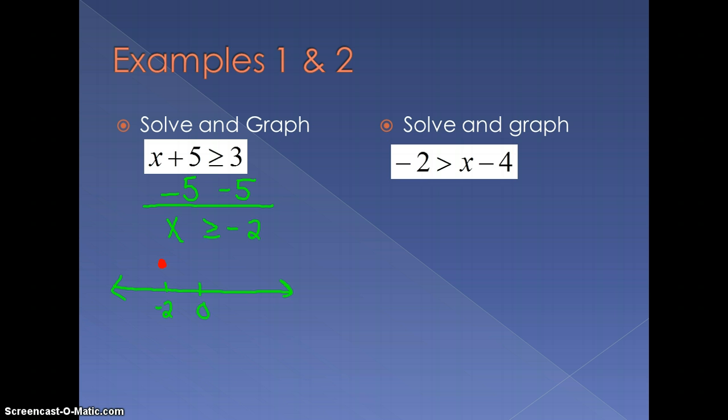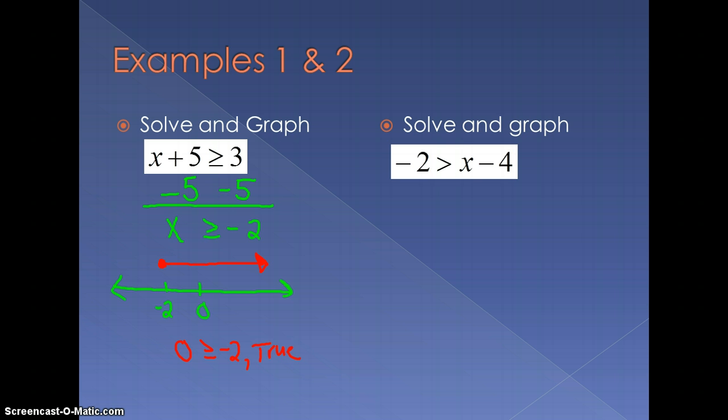Now if I test the point 0 here, I substitute it in for x, I get 0 is greater than or equal to negative 2. That is true. So that means 0 has to be part of our solutions, so we would shade towards 0 there. The other way to think about it is the x values get greater as you go right.